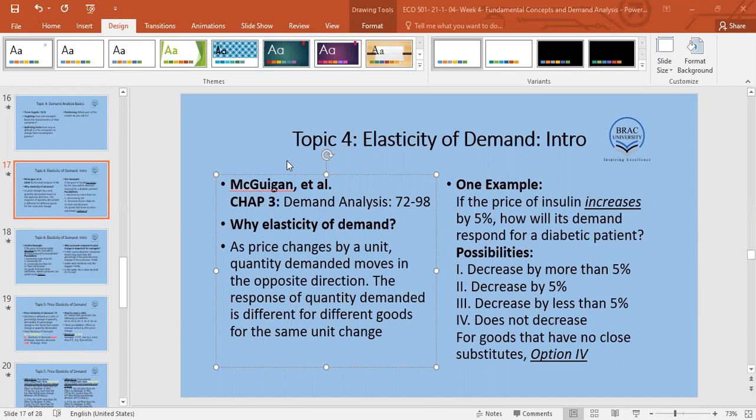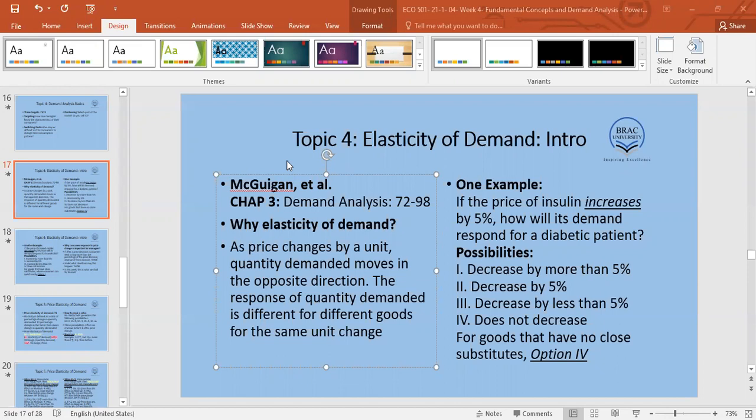This is the particular example that we made in context of insulin, because the demand for insulin is not related to its price. The demand for insulin is related to a person's health condition.